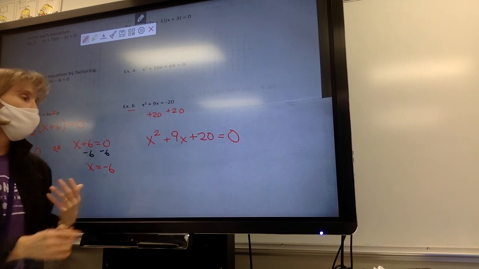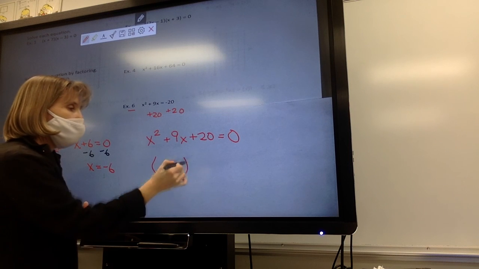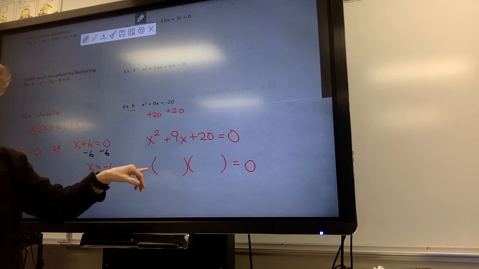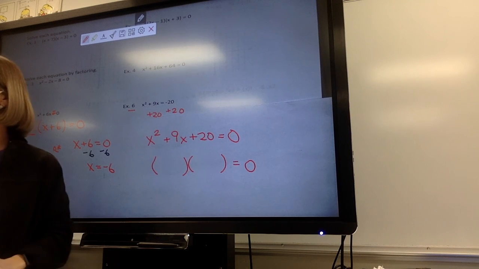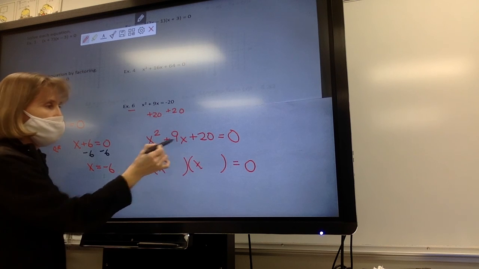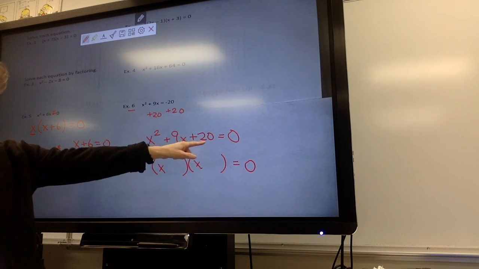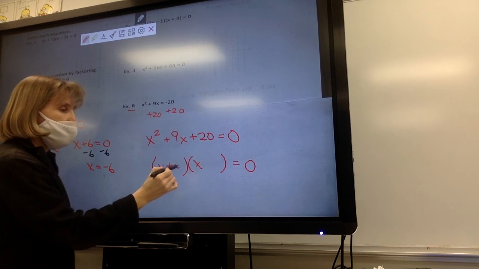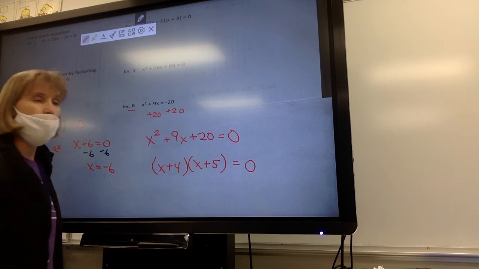Okay, from this step, I would factor this into two binomials. Without doing the x, does anybody know what the two factors would be? x and x, obviously, since x is the variable. What factors of 20 are going to give me 9 in the middle? 4 and 5. And it doesn't matter what order you have them in.